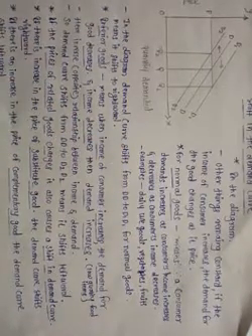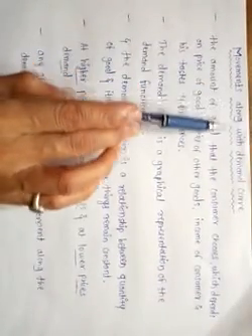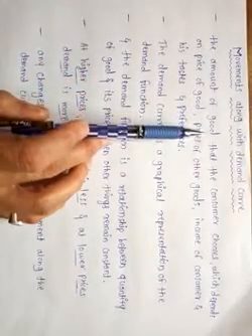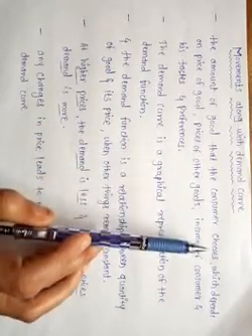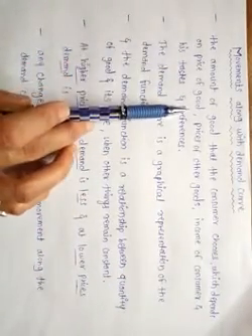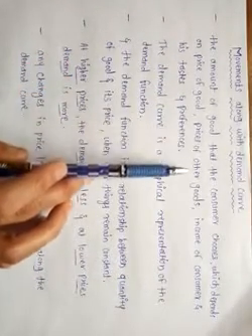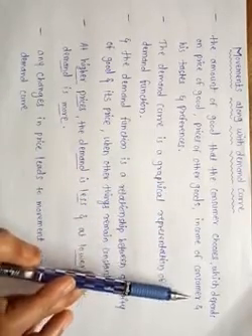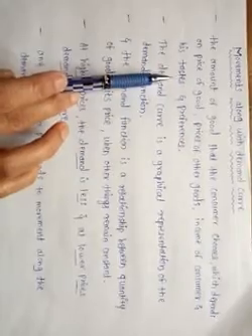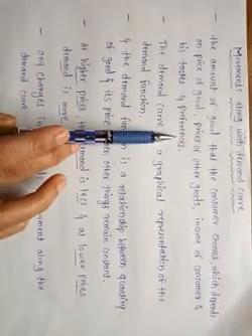Then students, the next concept is the movement along the demand curve. Students, we know the amount of the good that the consumer chooses, meaning the person demands, depends on the price of the good, prices of other goods, income of the consumer and his tastes and preferences.